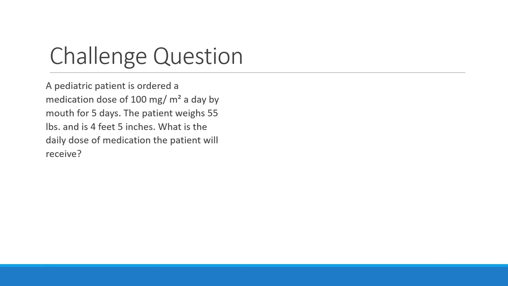Looking at this, we're using pounds and feet and inches. So which one are we going to use? 3131, exactly, because I need to find this before I can start putting it into dimensional analysis.